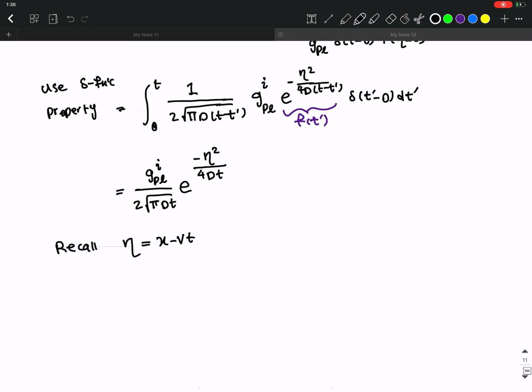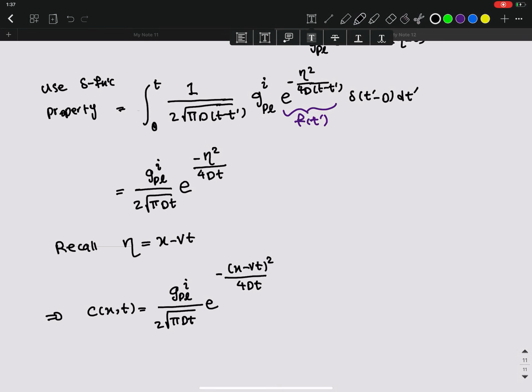So I can just write c of x and t is GPL I over 2 square root of pi dt e to the power minus x minus vt square over 4 dt. And this is going to be my final solution for this problem.